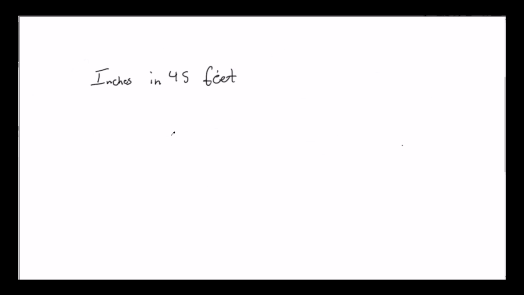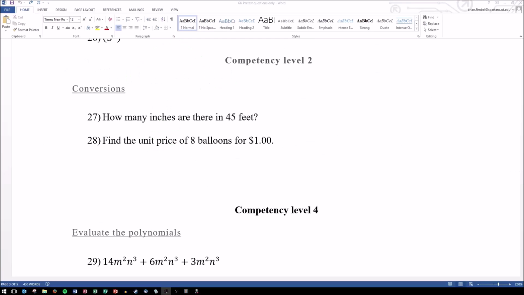I know that there are 12 inches per foot. So I can upscale, or move up. So I'm going to end up with more of my inches, and I know that there are 12 inches per foot. So I'm going to take 45 times 12 and have 540. And that's how many inches are in 45 feet.